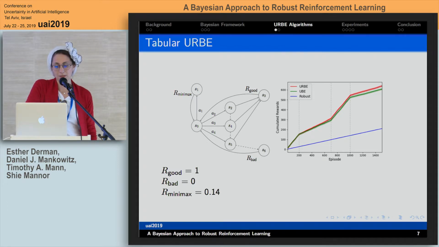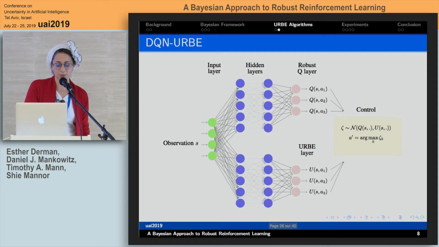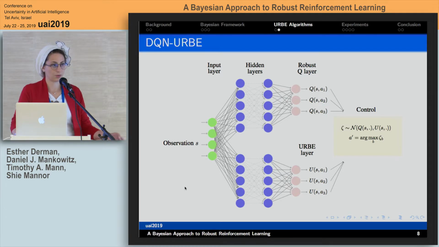So we adapted what we call our DQNURB network, which is described as follows. It's basically a neural network that has 2 outputs. The first output will compute the robust Q value based on the robust TD error, which is basically the current value plus the worst next state value.